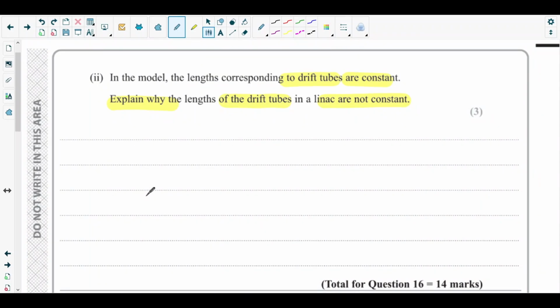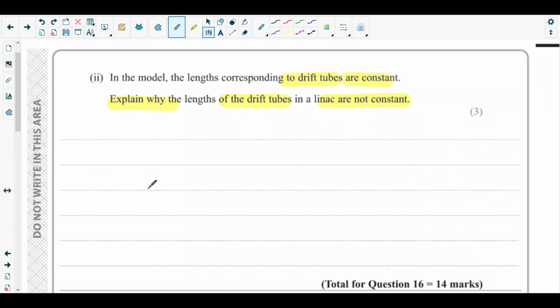Okay, so in Linac we know that within a drift tube the particle is moving with constant speed, but as it moves from one drift tube to another drift tube, between the drift tubes it accelerates due to the presence of the electric field, right? So since it accelerates, its speed increases.